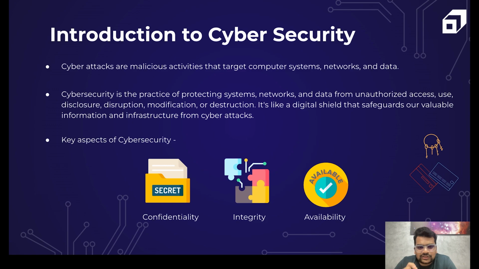Cybersecurity is the practice of protecting systems, network, and data from unauthorized access, unauthorized use. So unauthorized access, if suppose your data is maybe leaked, or someone else is using that data without your authorization, right? Disclosure, disruption, modification, or destruction.